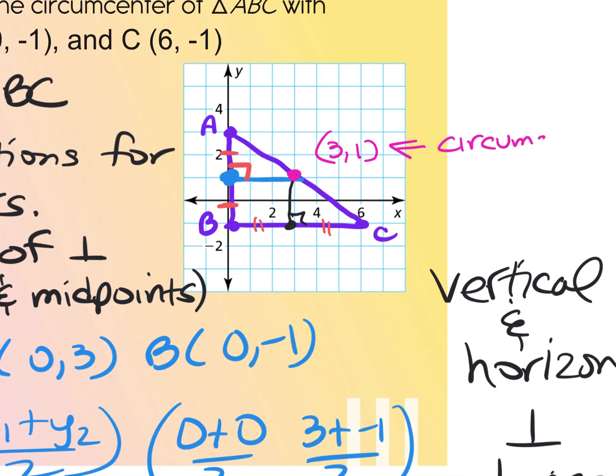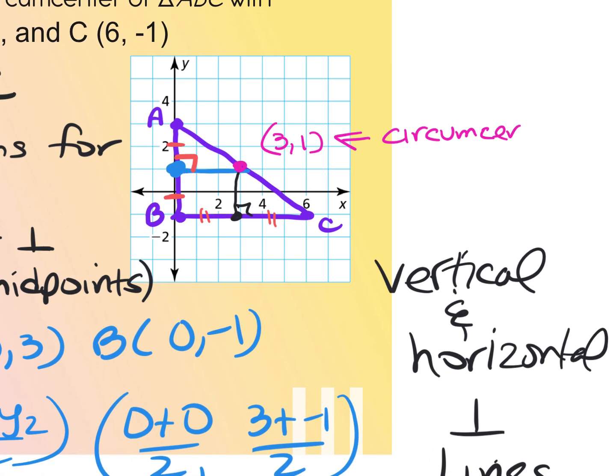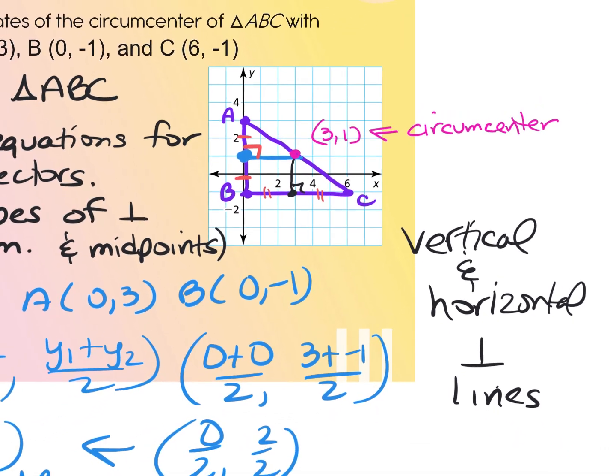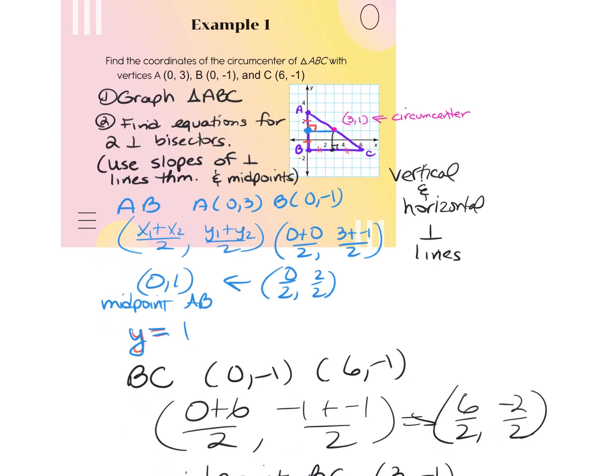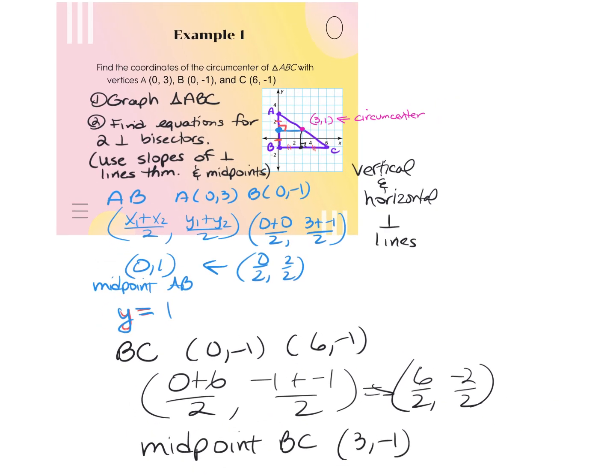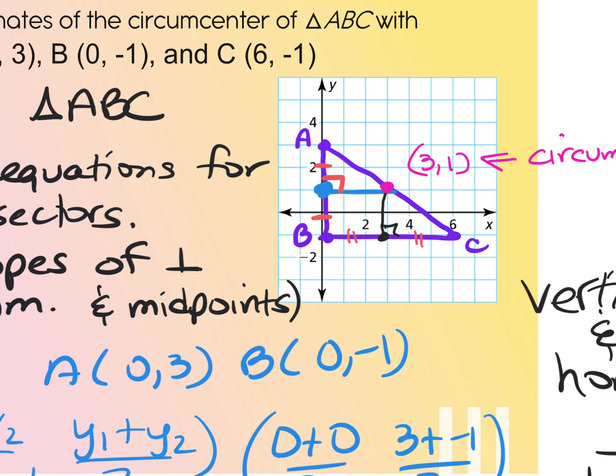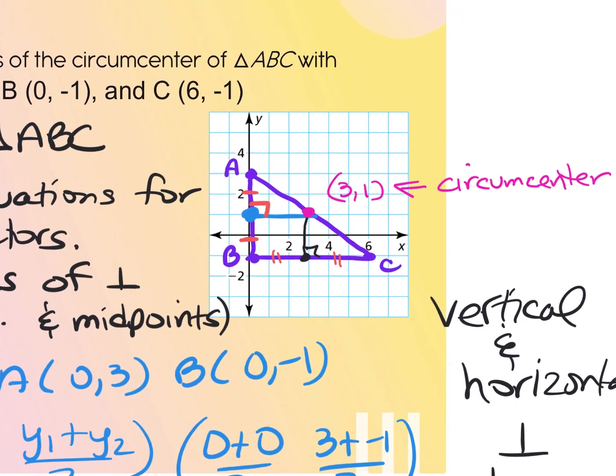Now, if these were not horizontal and vertical lines, then you would have come up with the equations in slope-intercept form, and then you would have either had to use the method of substitution or elimination to find the point of intersection. Let me show you the midpoint of AC.